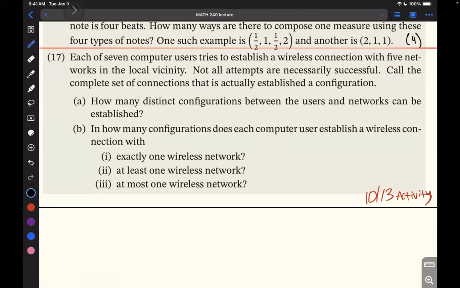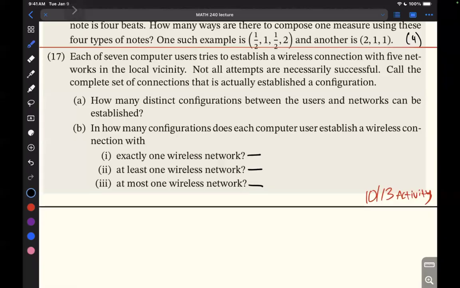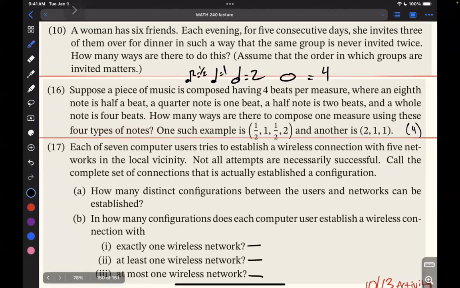And how many configurations are there if each computer user establishes a wireless connection with exactly 1 network, at least 1, or at most 1? Okay, these are tricky problems. So I think I might put you in different groups and then we can work on them for the last 15 minutes of class.